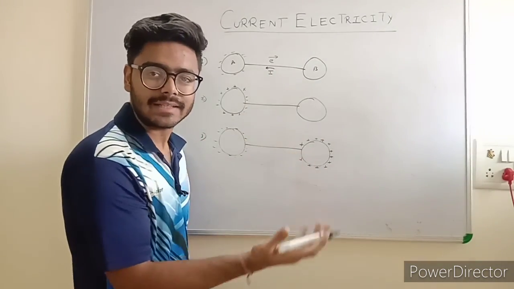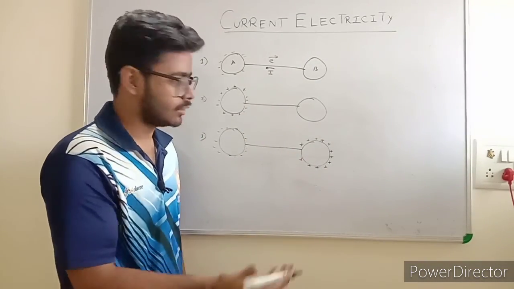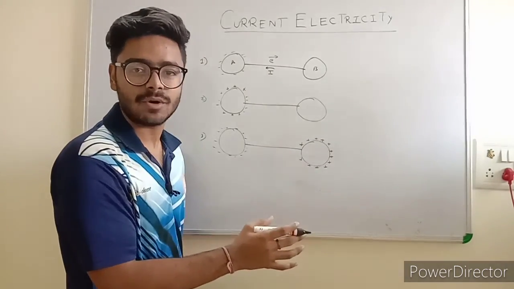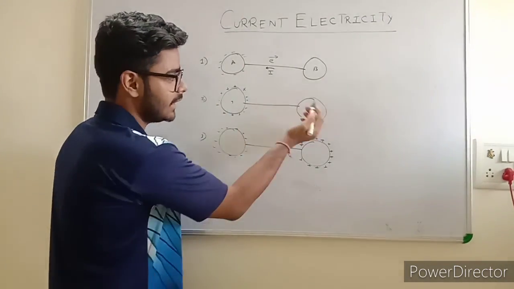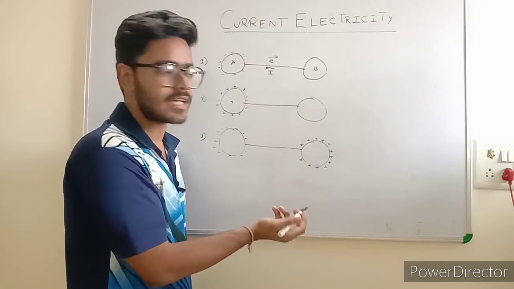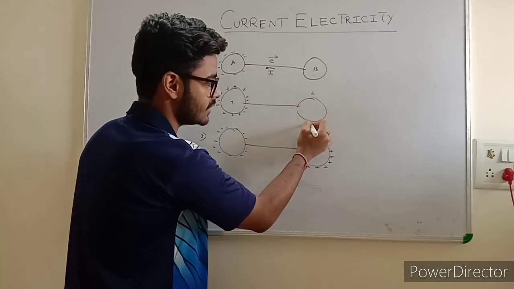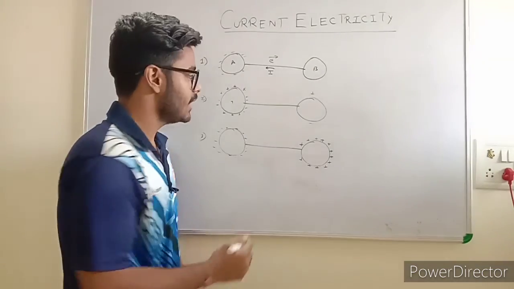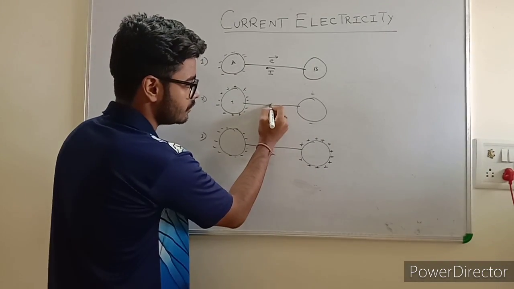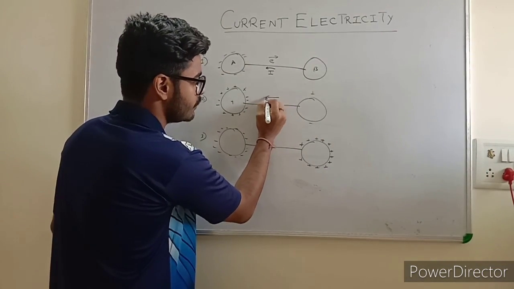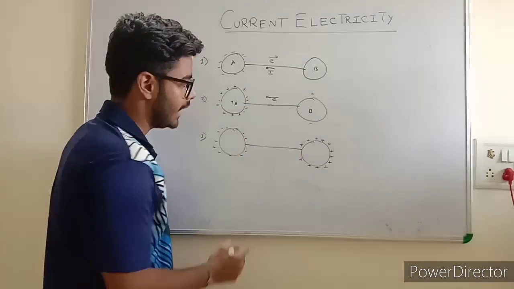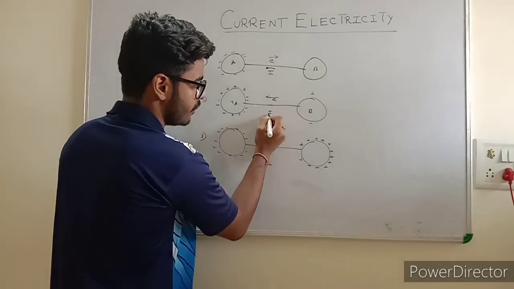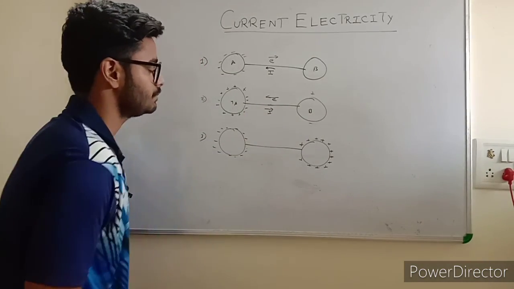The neutral body will act as a negatively charged body, though it is not negatively charged, but in comparison, if this is the positively charged body, then obviously this will become the negatively charged one, because it has the same number of positive and negative ions. So the electrons will move from body B to A, and the current will move from A to B.